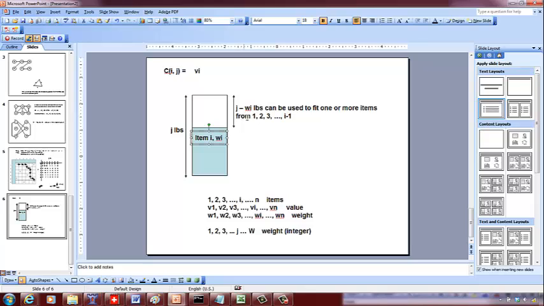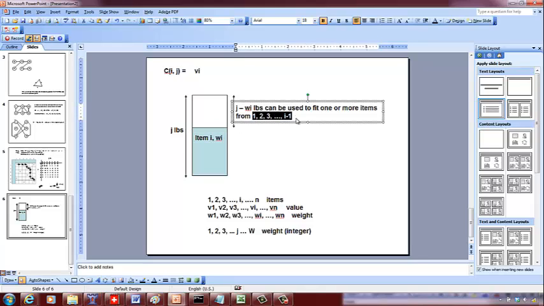So one or more of these items 1, 2, 3 up to i minus 1 have to fit into the remaining portion of the knapsack of capacity j minus wi, because item i weighs wi.